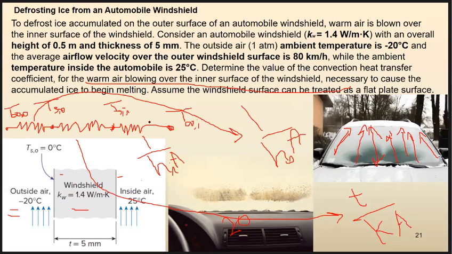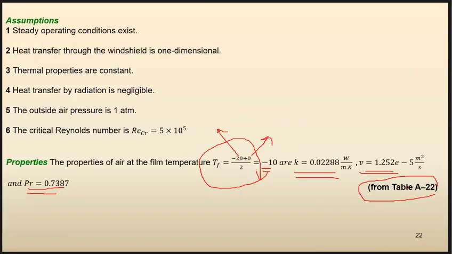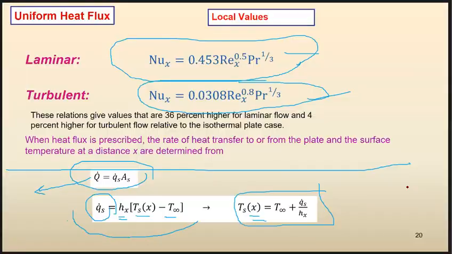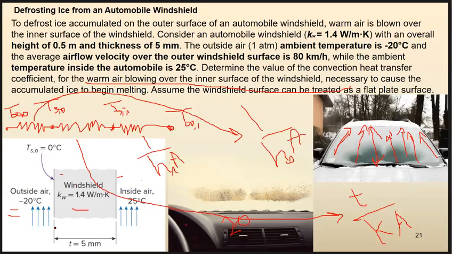So I have 3 resistances: 1 over h sub o A, 1 over h sub i A, thickness over kA. And you remember that since it's steady state, the flow here is the same as the flow inside, the same as this flow. So all these flows are the same.